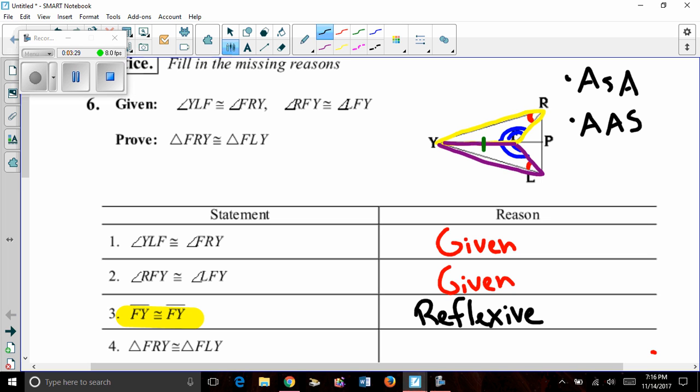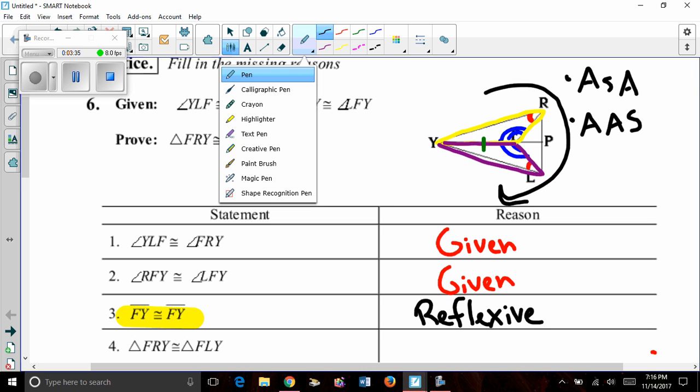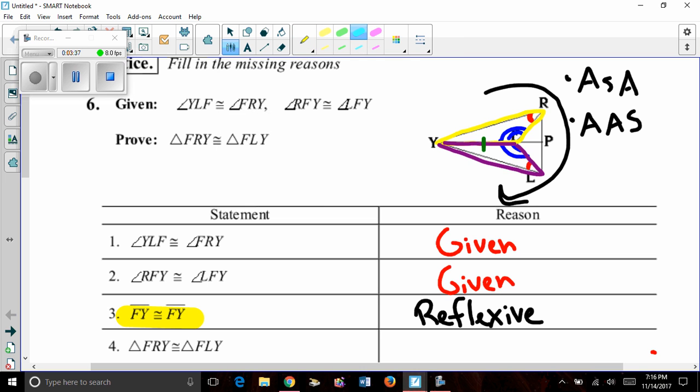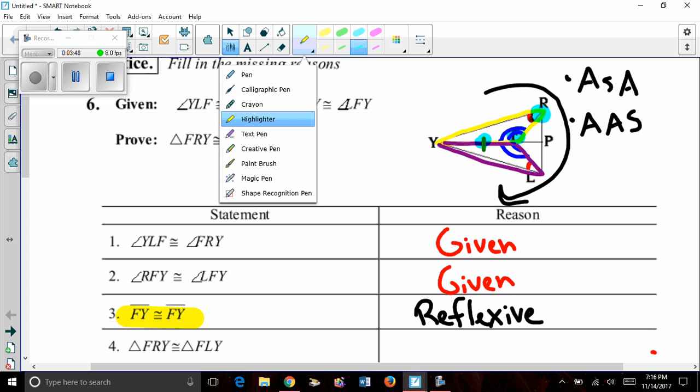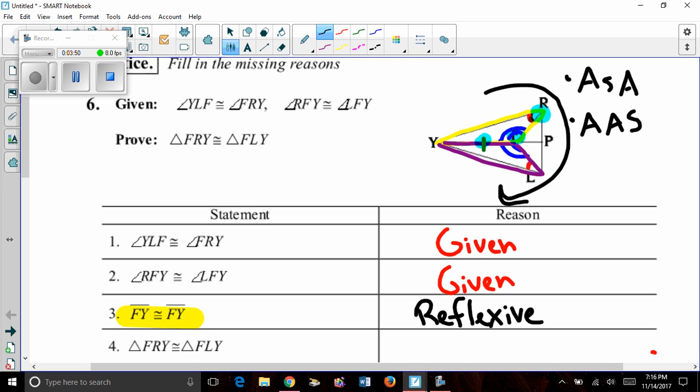If I look at it this way around the triangle, I see an angle, and then a side. Angle, angle, side. So by angle, angle, side, these two triangles are congruent.